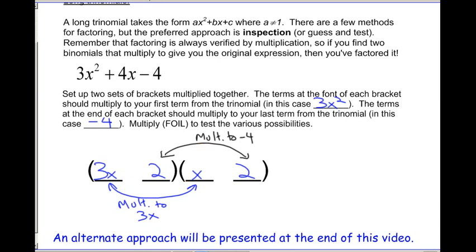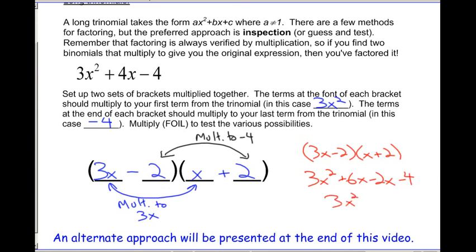Let's try a different set of possibilities. This is going to give me, when I multiply it out, and I'll test the whole thing, 3x squared plus 6x minus 2x minus 4. We must have done it properly because we're getting 3x squared plus 4x minus 4.